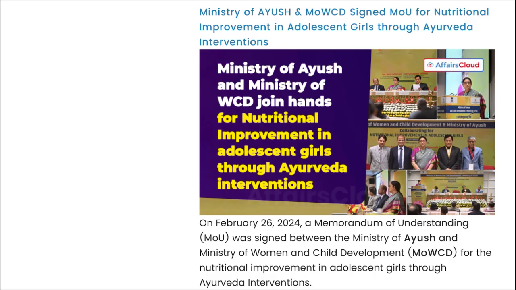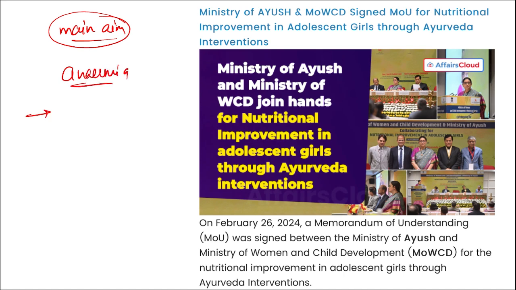Then remember, if we talk about this, the main aim will be on fighting anemia, right? It will be fighting anemia. First target will be to combat anemia among the adolescent girls of 14 to 18 years of age, right?